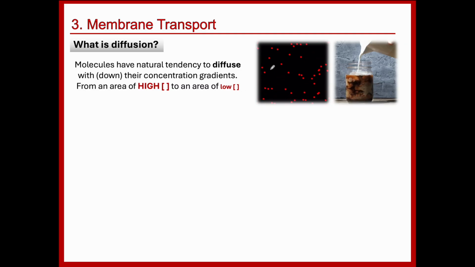I want you to look at this picture over here. The red dots are all going to accumulate in this corner. And if you let them bounce around, then they will diffuse and equalize everywhere in this area, right? Molecules have a natural tendency to bounce around because of the thermal energy, this Brownian motion. They bounce off each other, and they will spread out equally across this area.